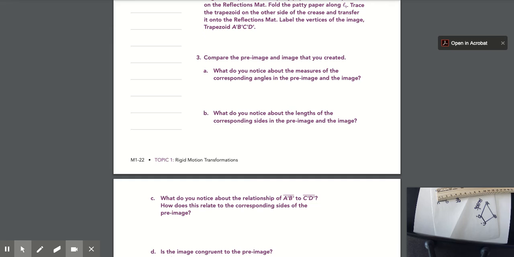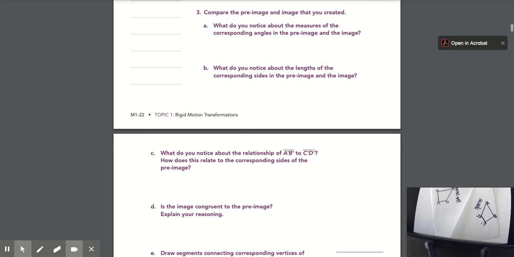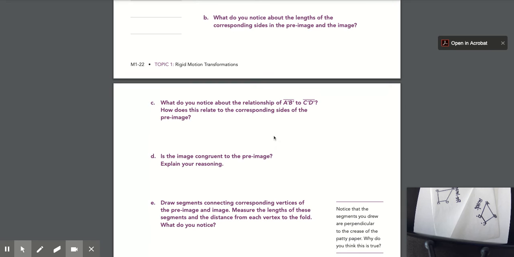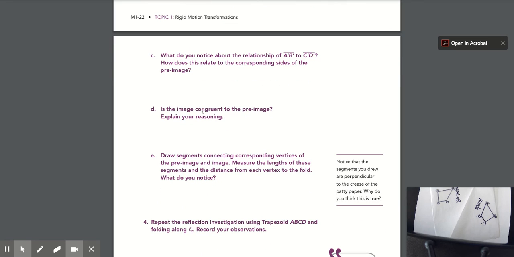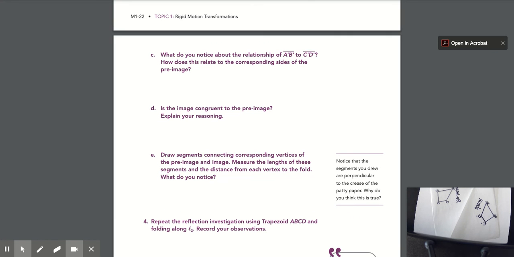So C and D, you're measuring those out, okay? When you're comparing A prime, B prime to C prime, D prime, what do you notice about that? And then, is your image congruent to the pre-image? Explain your reasoning. Remember, explain means in words, and you're explaining your reasoning, and you're using some of that math vocabulary that we've been talking about.